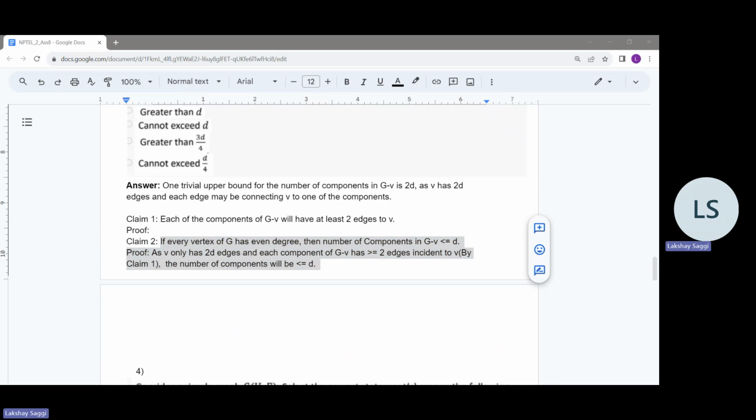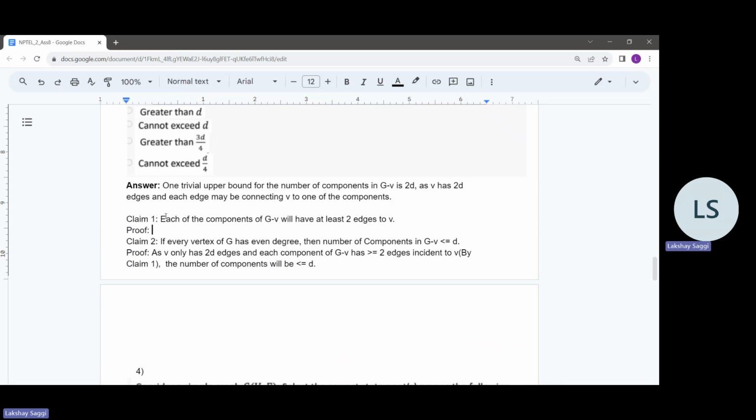The only thing we need to show is the proof for claim 1. I hope this is clear to everyone. If it is not, you can go through the recording again, or try to read up this write-up which I'm writing now, and you should be able to follow along.